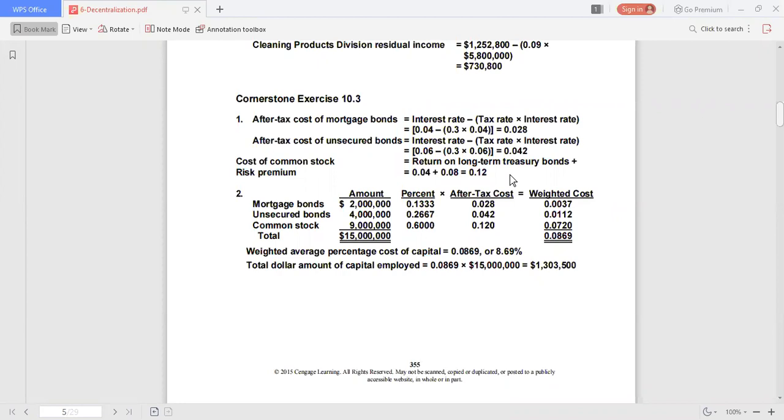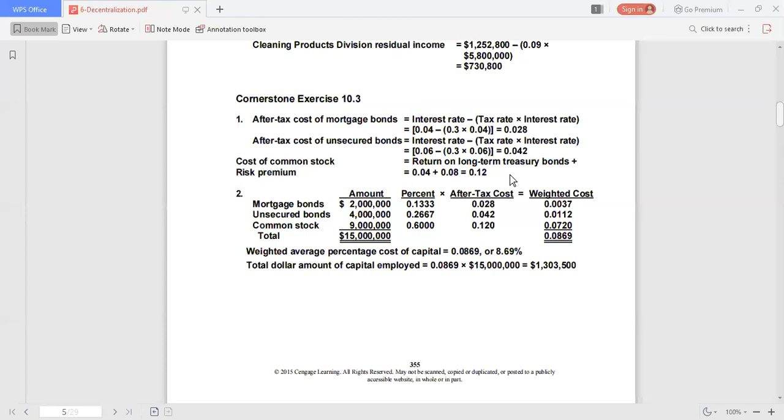So we have 0.3 multiplied by 0.04. So that actually gives the result, the after-tax cost of mortgage bonds, which is equal to 0.028.